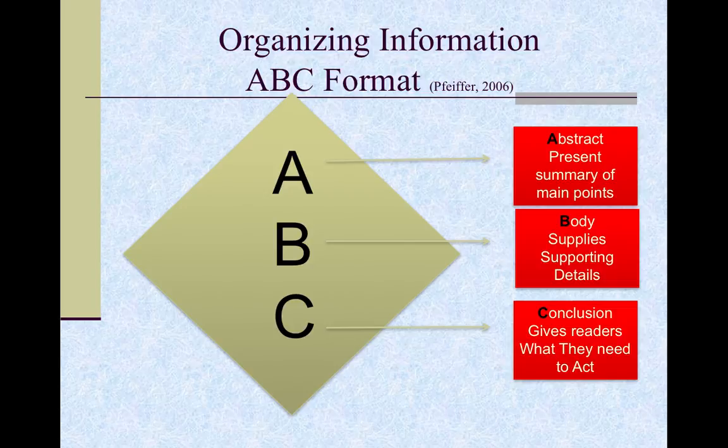And then the conclusion is the part of the document where the writer presents a summary of the main points. Closure explains to the reader that this is where the document is going to end, and then gives them the information they need to act in the future.